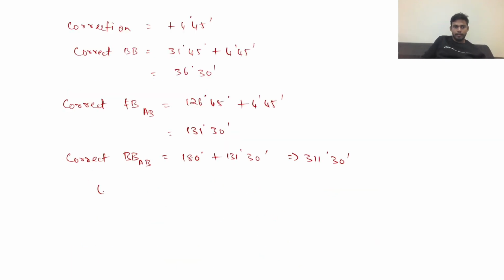So the error will be 308 degrees minus 311 degrees 30 minutes, which is equal to minus 3 degrees 30 minutes. So the correction is equal to positive 3 degrees 30 minutes.